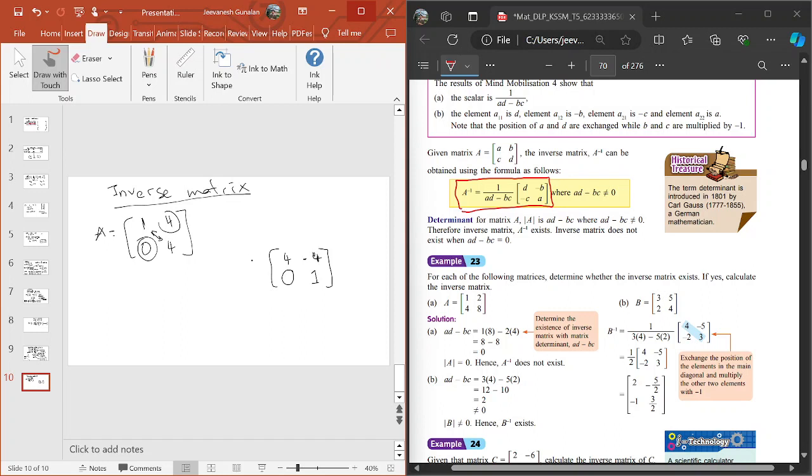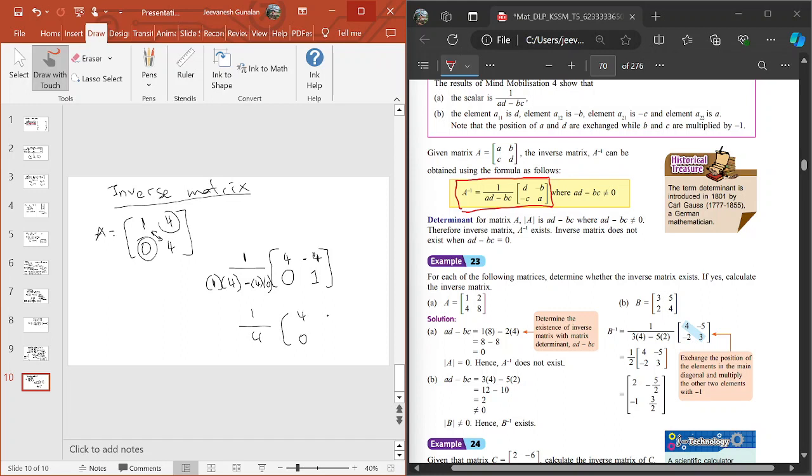Okay, simple. And then you're going to scale it by multiplication with a fraction. So what fraction are you going to use? Well, you're going to take this and multiply with this, so 1 multiplied by 4 minus this multiplied by this, so 4 times 0. If I do this, I'll get 1 over 4 minus 0, which is 4.